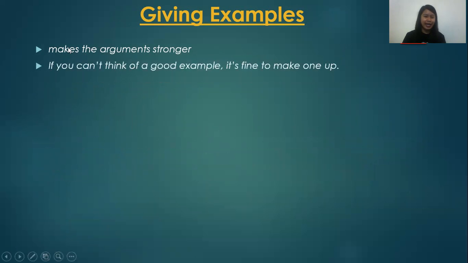And if you can't think of a good example, it's always fine to make one up. Remember that the examiner will not really go on the net, surf the internet and check whether your statistics or examples that you wrote there in your essay are accurate. So you don't have to worry too much about that. All you have to make sure is that your example is still relevant to the idea that you have written.